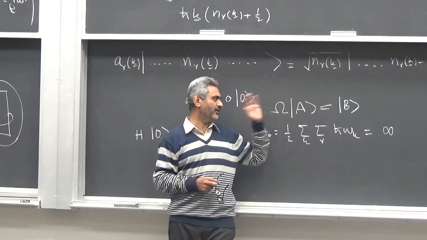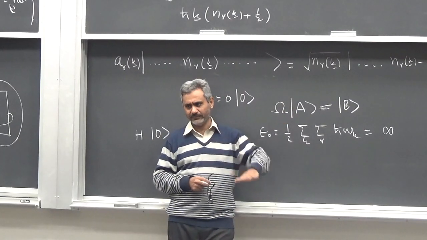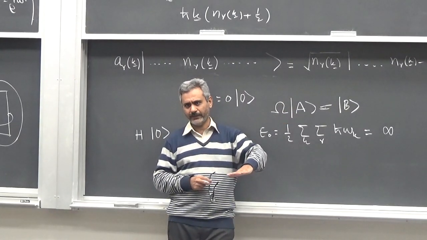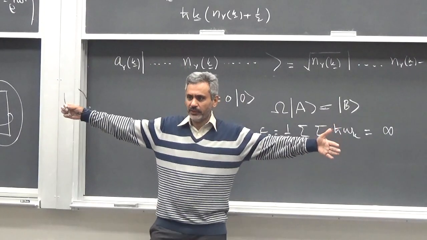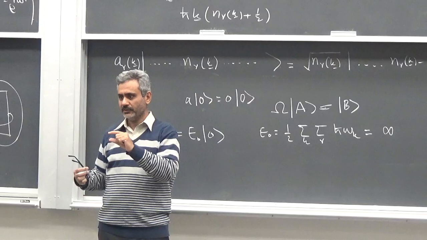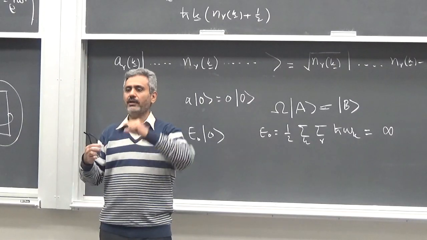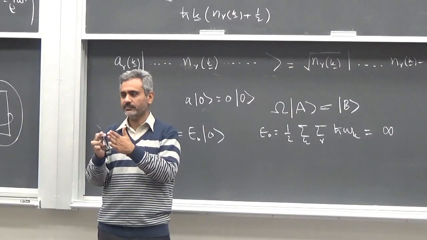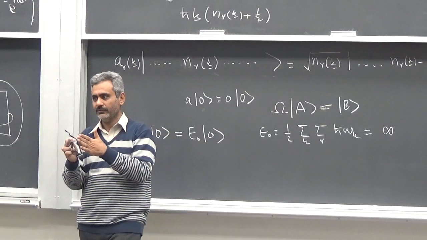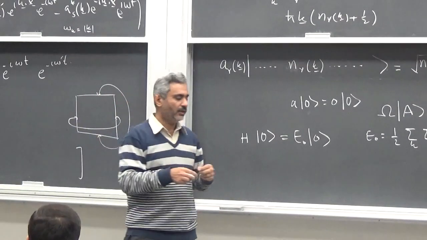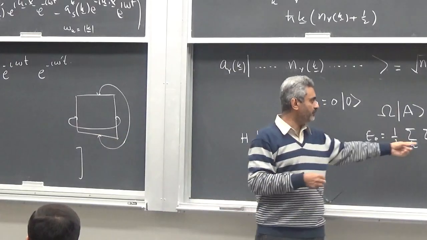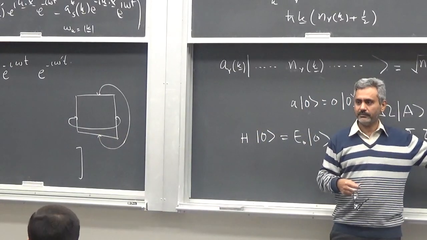So let's just put a cutoff, just like because of the size of the box, you have a smallest K. You can have a largest K because of this smallest length that you don't trust your theory after. And so, still, this would not give you an infinity, but a very large number, right?